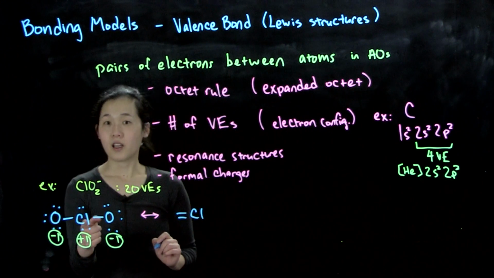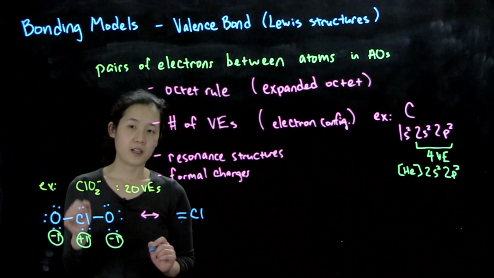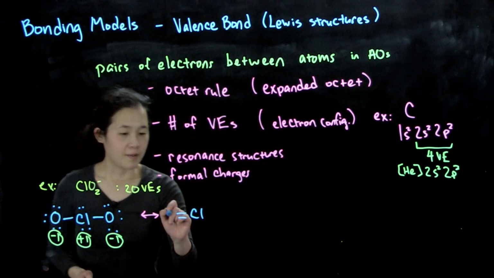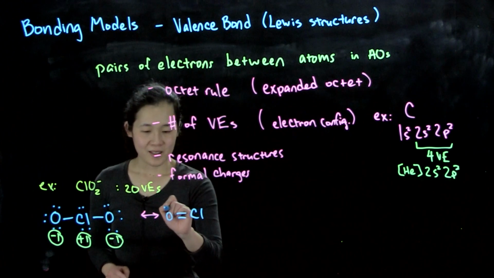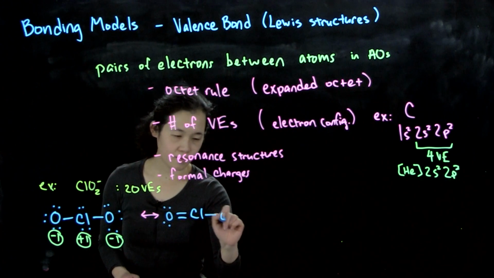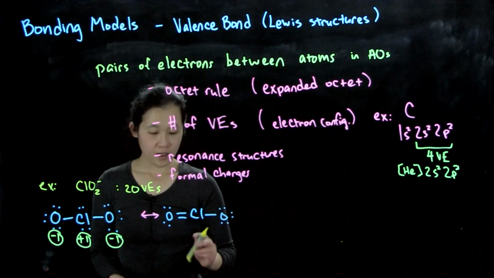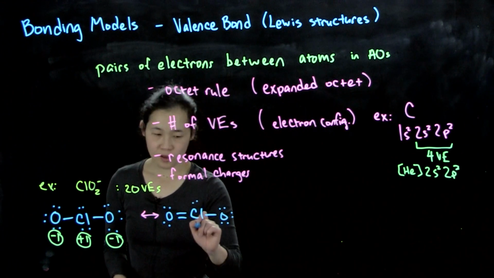So chlorine is in the 3rd row, which means that it has the capability to expand its octet. Let me do the octet expansion here. And then we still have these lone pairs.